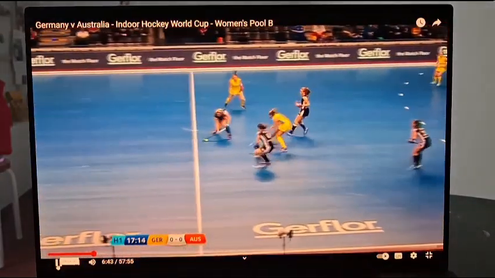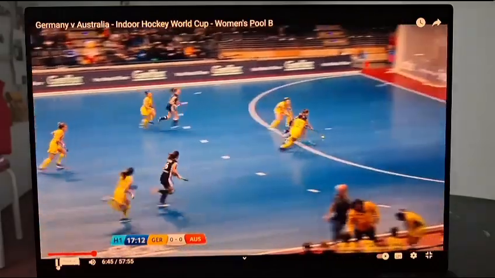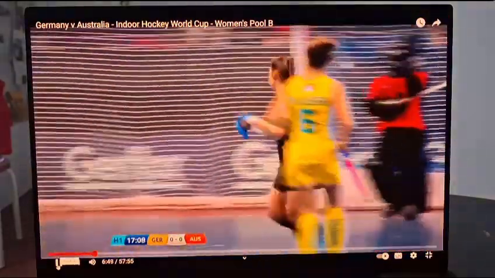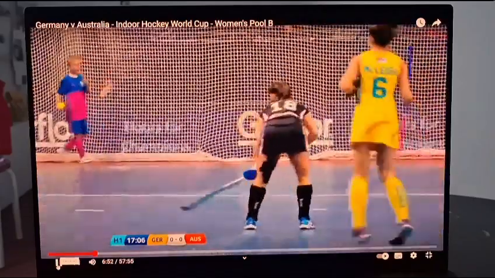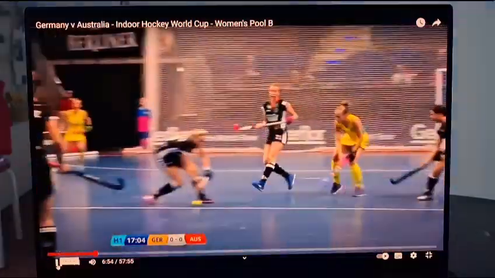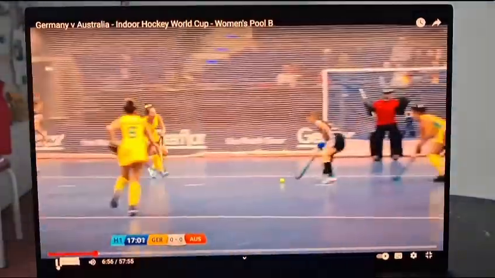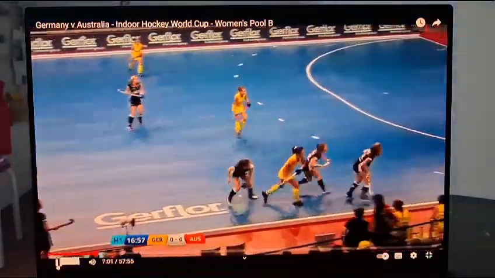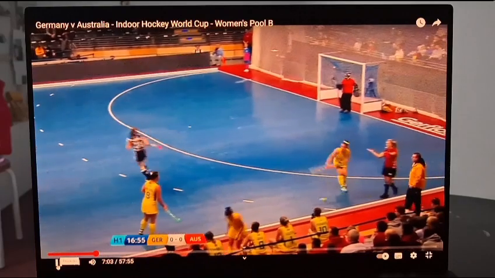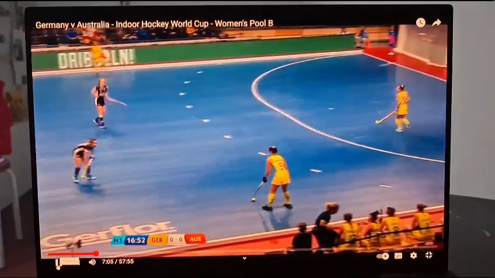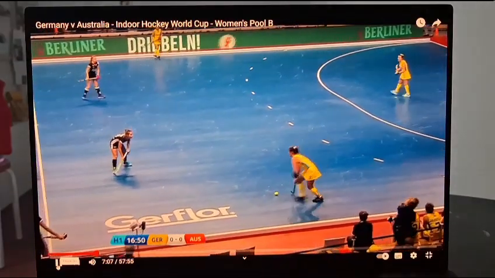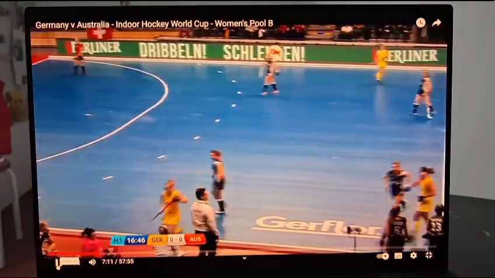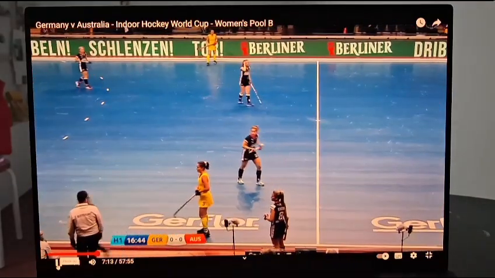World champions, they have beaten the Netherlands in the final, 2011 also in Poznan. Here they come. Through Altenburg. So very nearly the first goal of this match. The overall goal for Australia is to get to the semi-finals.